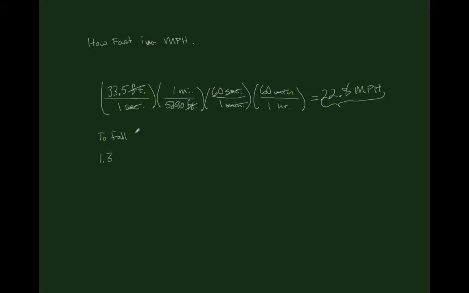I read a book called Tall Trees, written by HSU professor Stephen Sillett. Very good book. And I believe I read the statistic in his book. In any case, I figured to fall 30 feet, it takes 3.9 seconds.